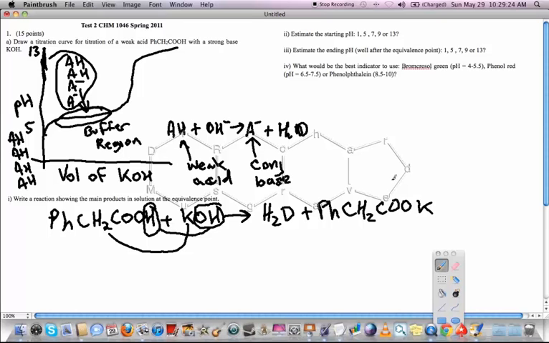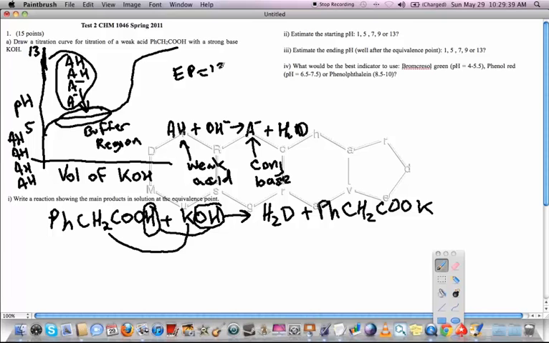Now this particular salt is going to be a weak base. So let's see how that gels with the equivalence point. We know that we can estimate the equivalence point by averaging the starting and finishing positions.